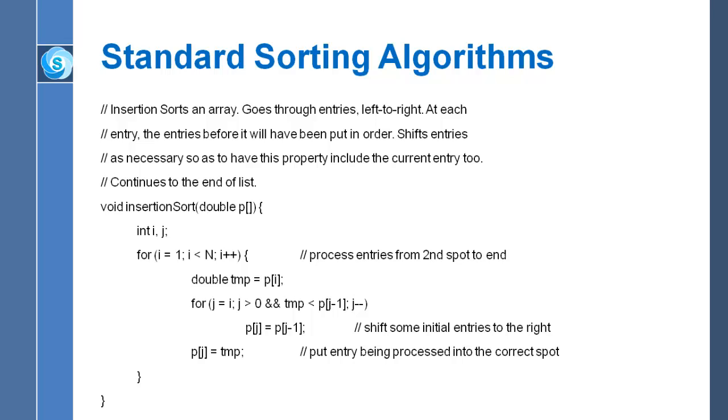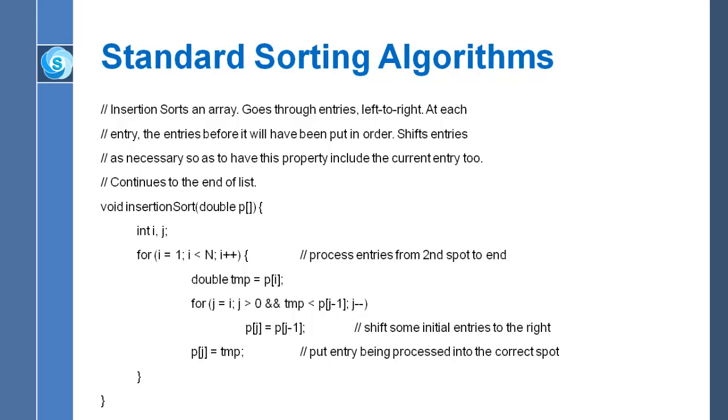Okay? All right, so we see the outer loop counter I goes from 1 up to n, and it stops when I gets to n. The body of the loop copies what's in position I of the array into a local variable, temp.